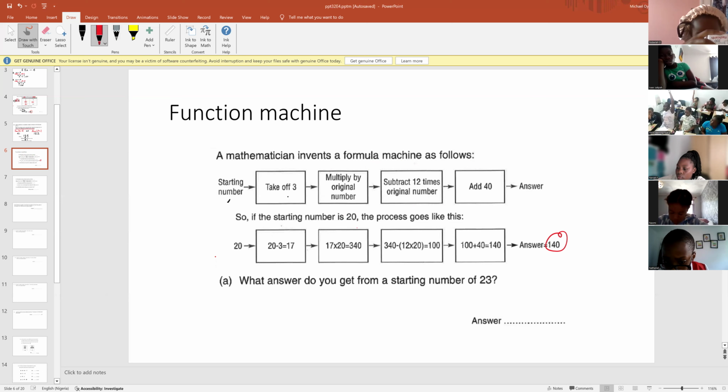Take the working of the machine again. I don't understand how you can subtract 12 times from the original number, because the original number can't go in it 12 times, because it'll be negative numbers.